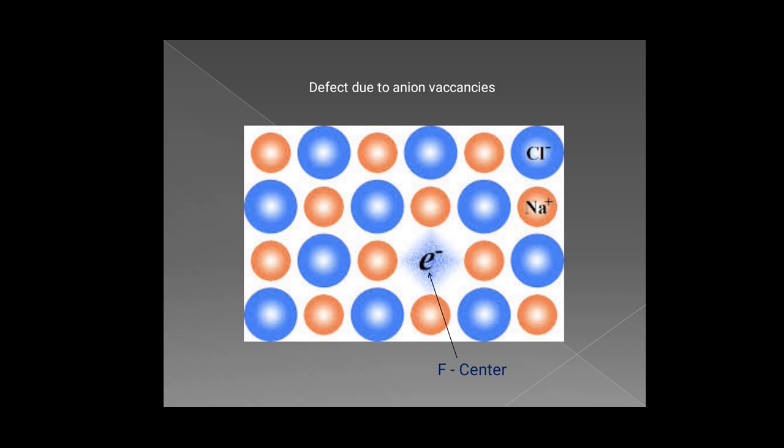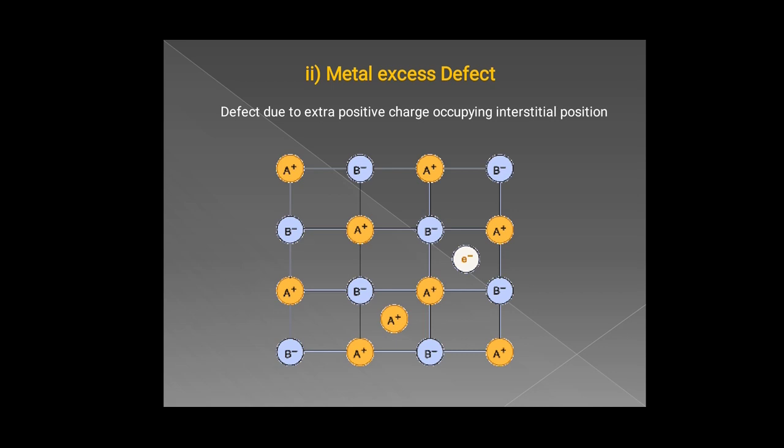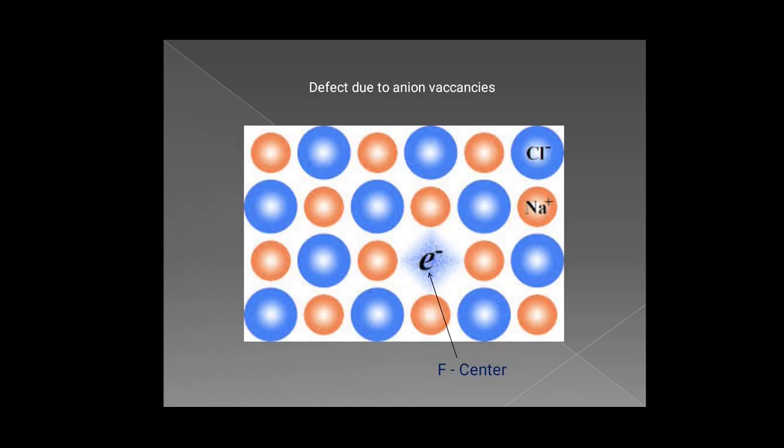Then this is the next case with metal excess. The metal can be in excess because of the addition of an extra metal and of course an electron, while it can also be due to anion vacancies. Here an anion is lacking, like Cl minus. If you see this crystal of NaCl, the Na plus and Cl minus are arranged alternately to make the crystal structure.